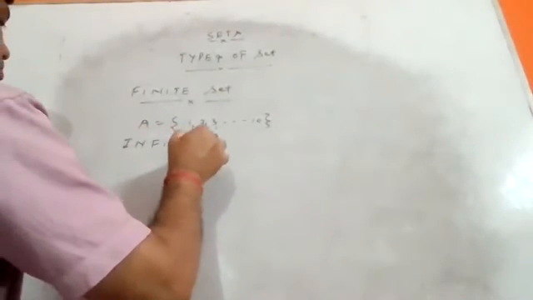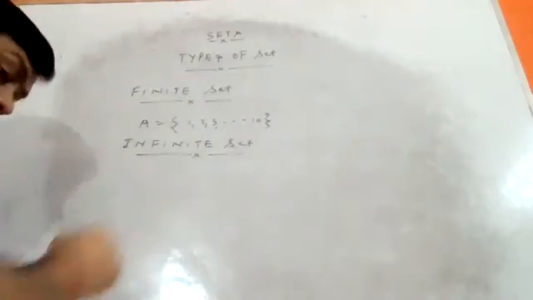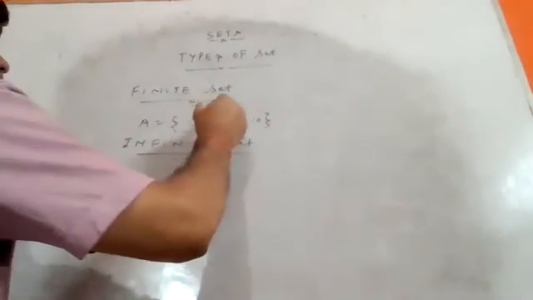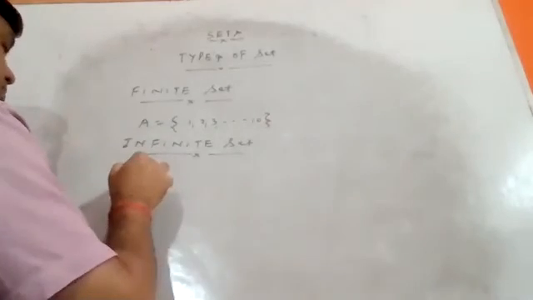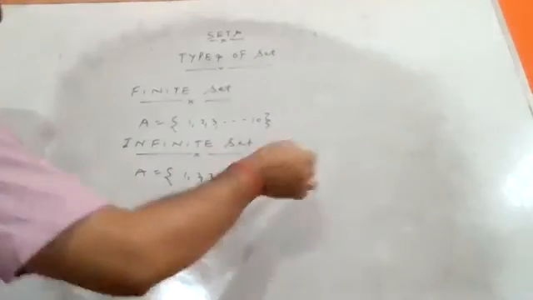On the other hand, another set is what? Infinite. And infinite is what? An infinite set is when you cannot count the number, because the last element is not known. 1, 2, 3, dash, dash, dash. We cannot count this because the last element is not known.